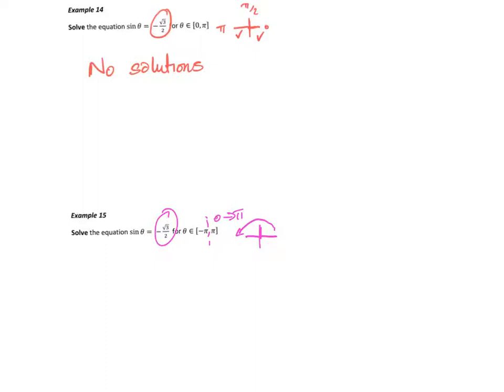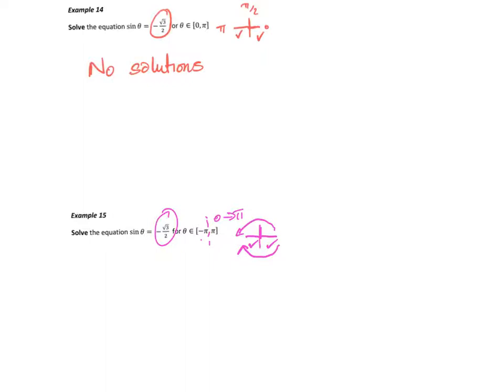Now, when we talk about negative pi, we're going in that direction. So negative pi, are there any solutions there? There are 1 and 2. So therefore, I'm going to have 2 solutions.